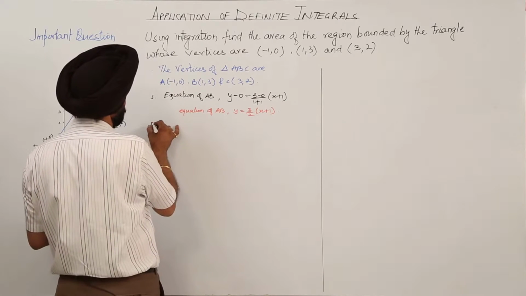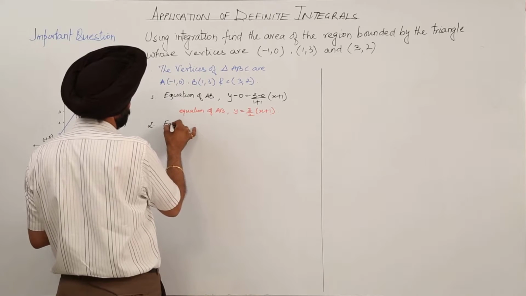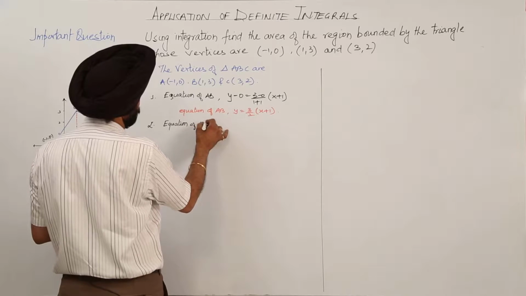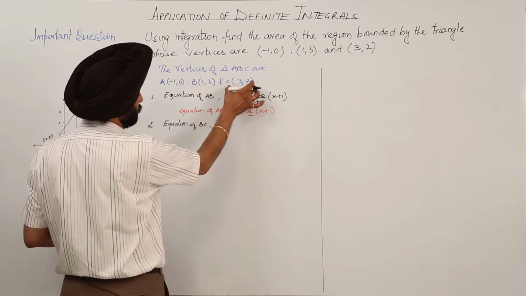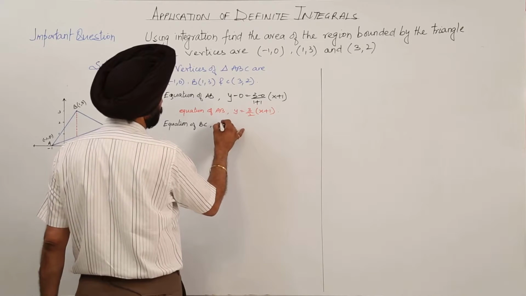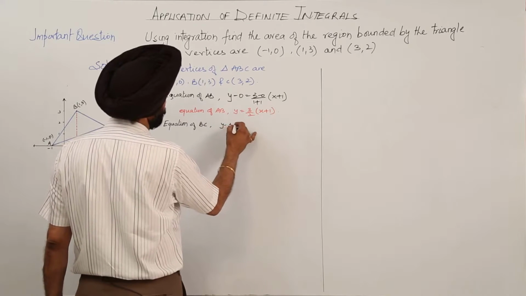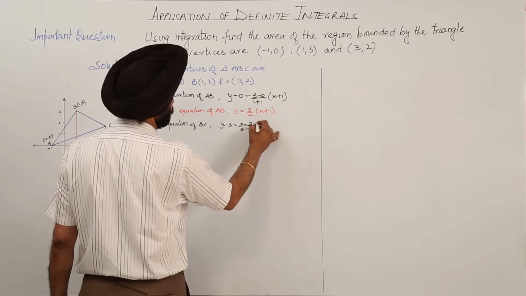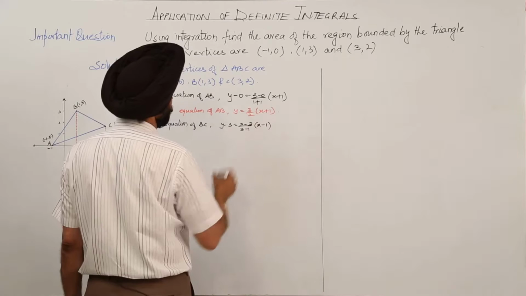Number 2, equation of BC. Now we are taking B and C. Equation of BC, we have y minus 3 is equal to (2 minus 3) upon (3 minus 1) times (x minus 1).